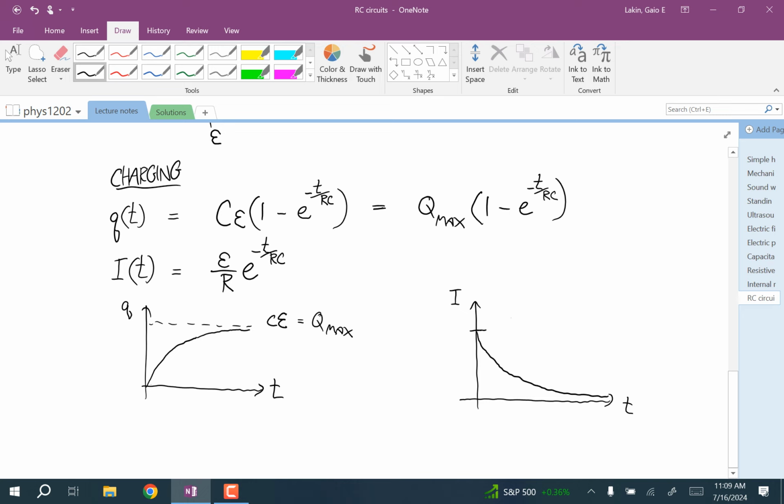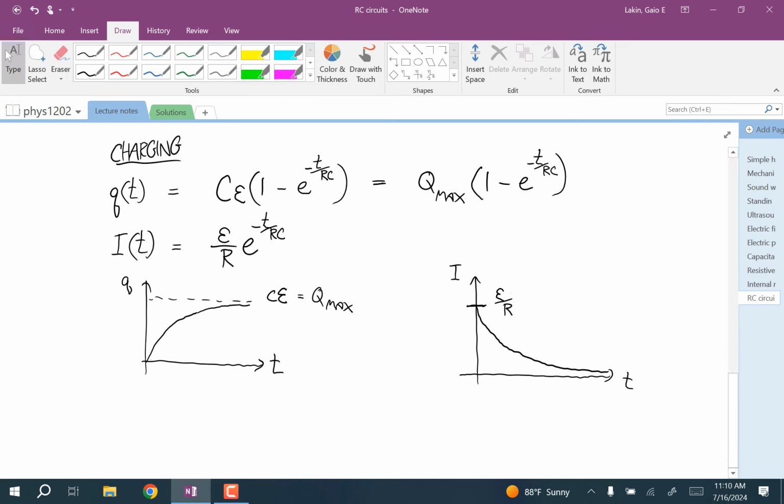And this maximum value of the current is the voltage over R, which, according to Ohm's law, is the current that you would get if there was no capacitor and only the resistor. So at the very start, the current behaves as if that capacitor isn't there. But little by little, as the capacitor fills up, that current slows down.